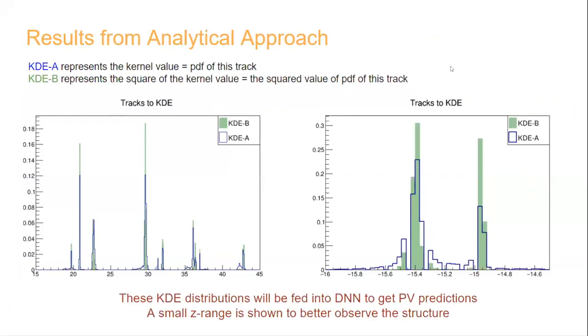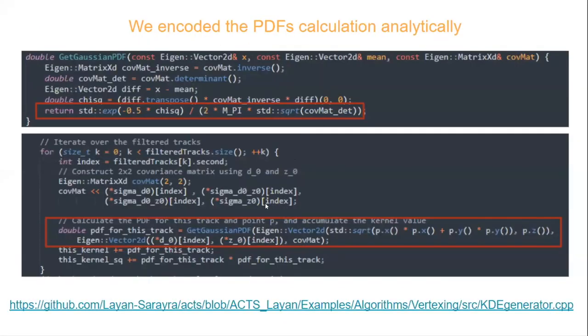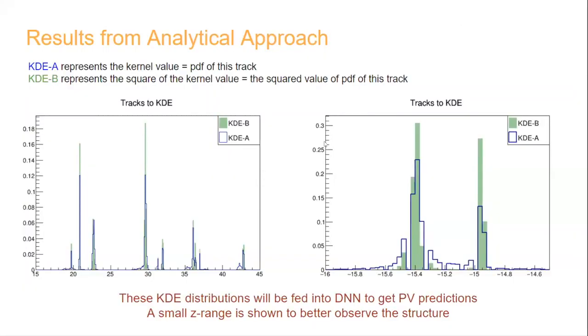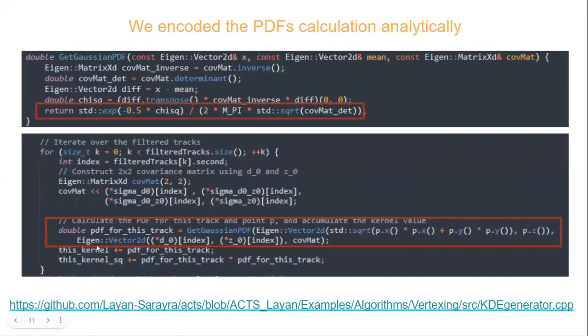All right. So these are the results from our analytical approach, where we hard-coded the function. Each graph shows two KDEs, KDE A and KDE B. KDE A returns the PDF for each track, and KDE B is the square of that.